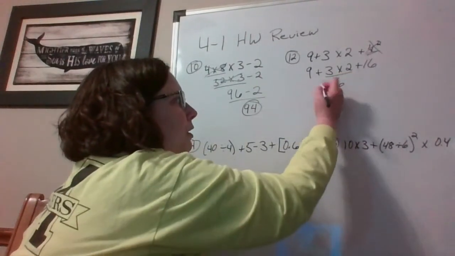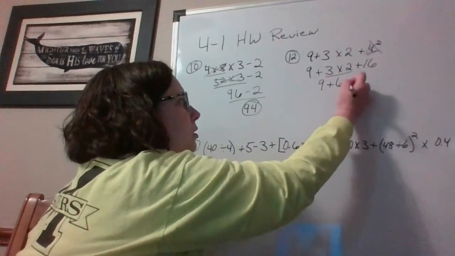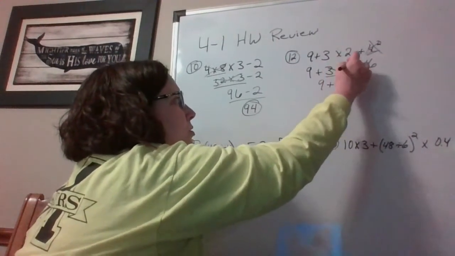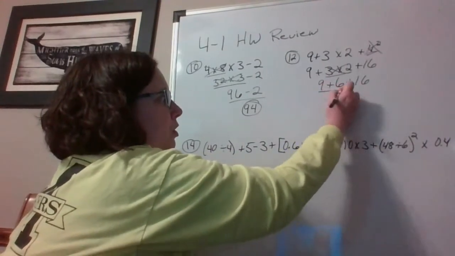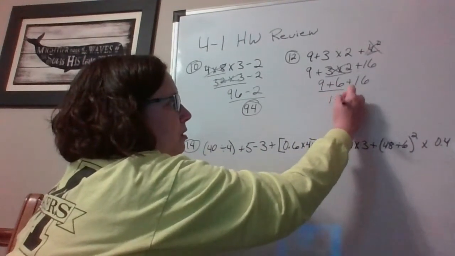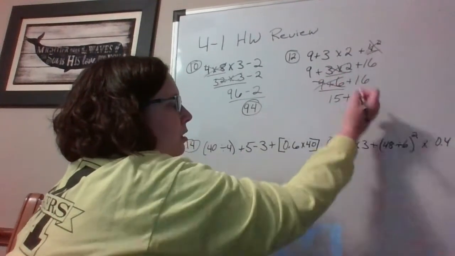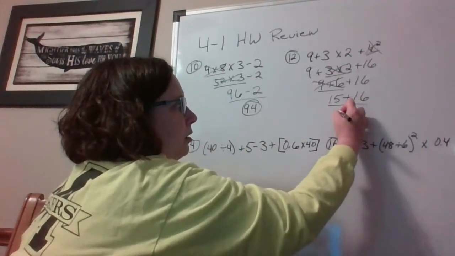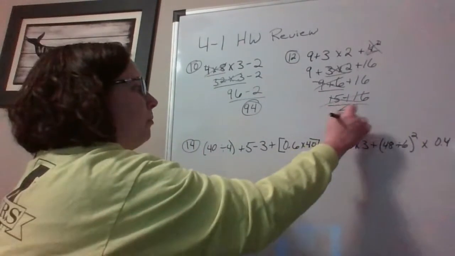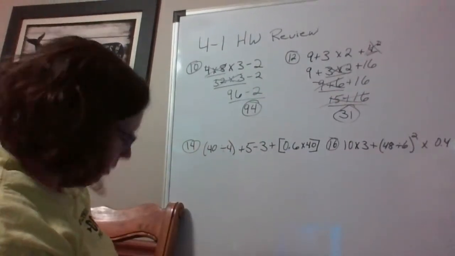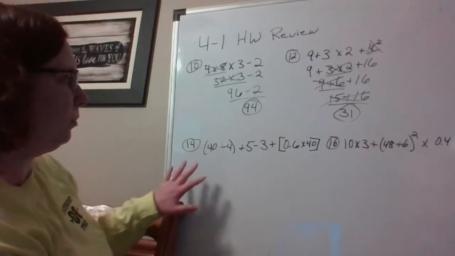We have 3 times 2, so we're going to do that, copy everything else down. Now we just have addition across, so we're going to do this. And then finally, we get our answer, which is 31. So number 12, your answer should be 31.